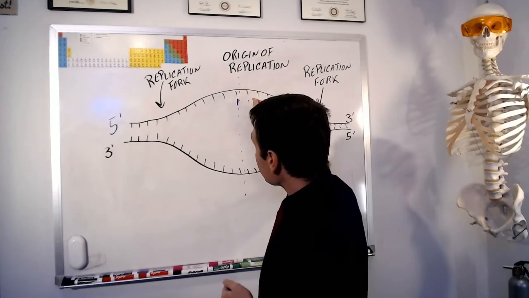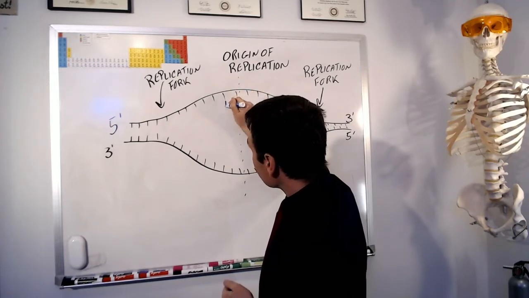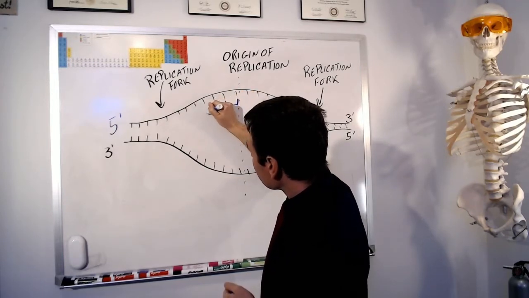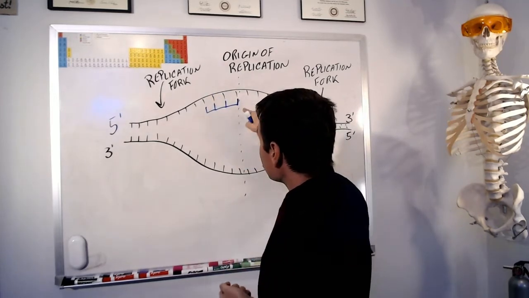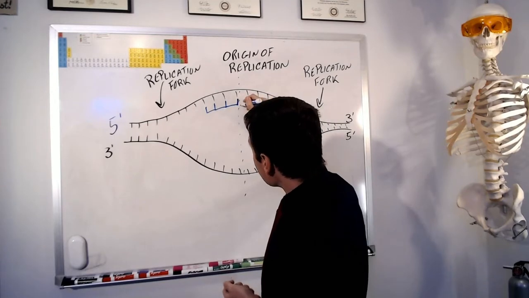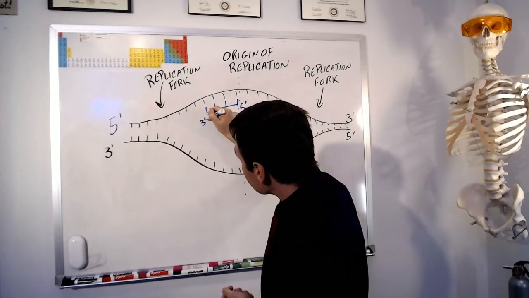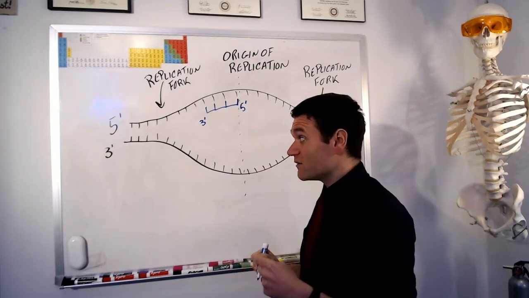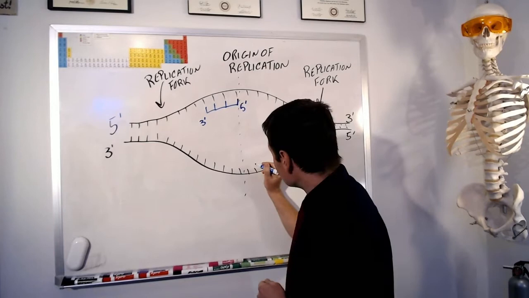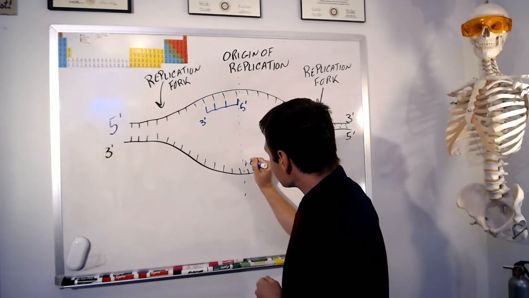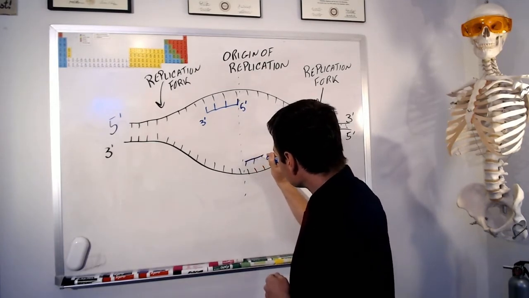So it's going to create a new segment of DNA going towards this replication fork. Now, on the new segment of DNA, this will be the 5' end, and this is the 3' end. Same thing on this strand down here. We're going to add a new segment of DNA attached to the parent strand.